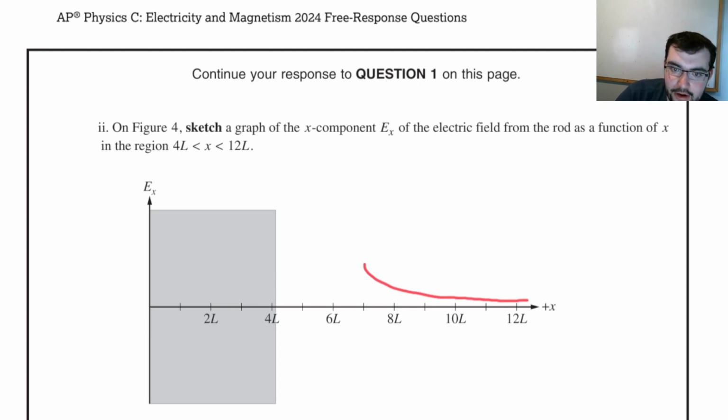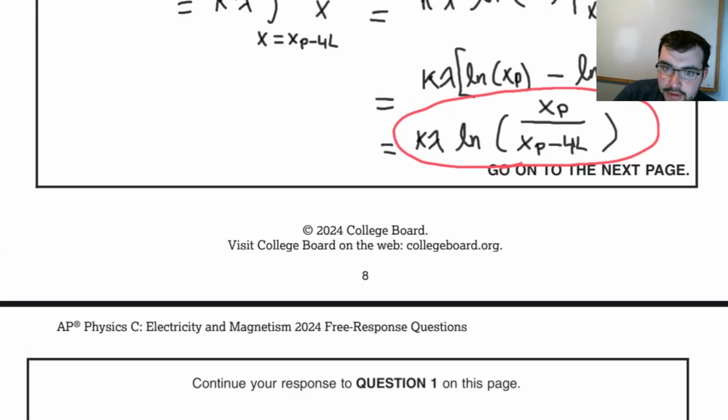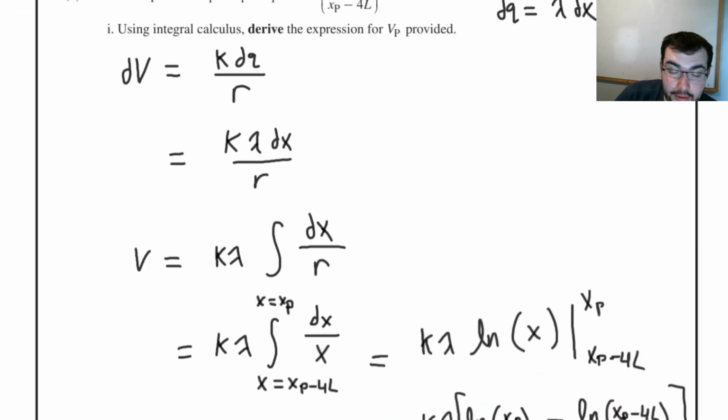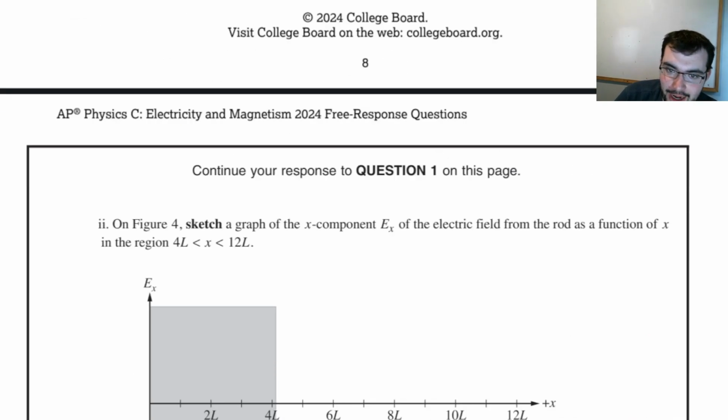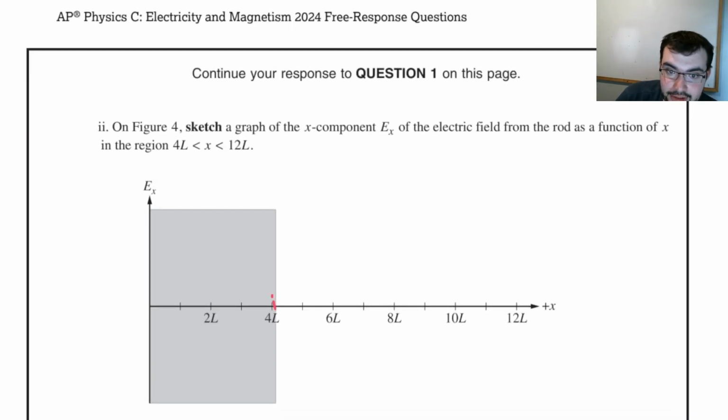But now I've got to figure out what's going on near 4L. Due to the fact that the electric field depends on distance from each of these dQs, if you're all the way up against the rod, your E field is going to be practically infinite. So we actually get some sort of an asymptote up here. And our E field graph is going to look something like this.